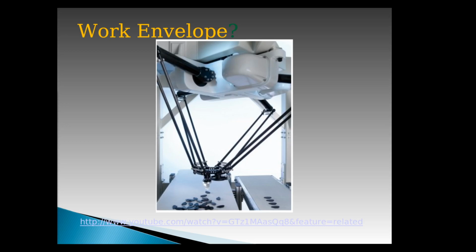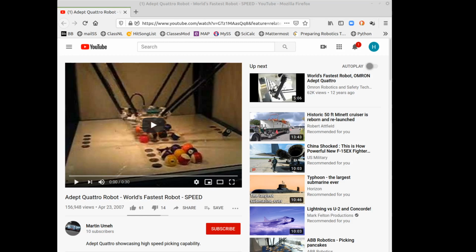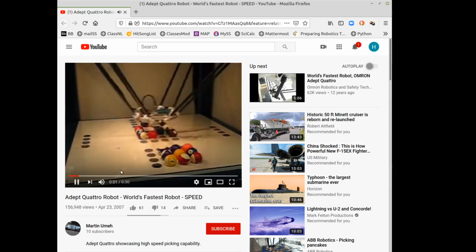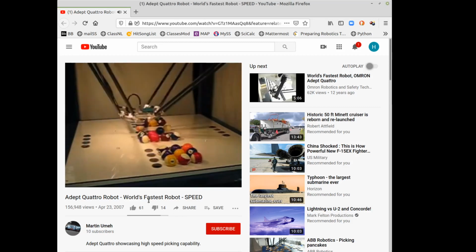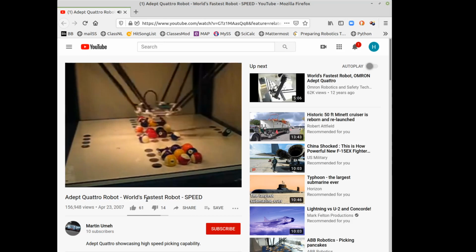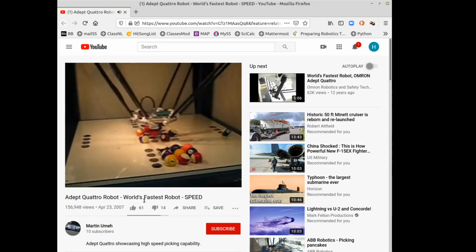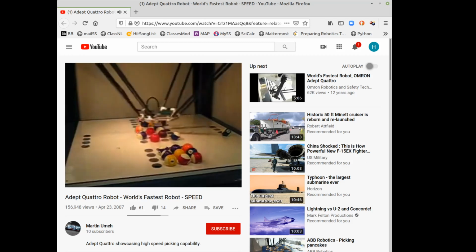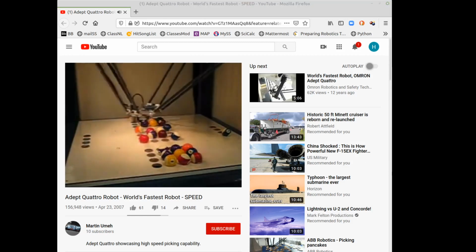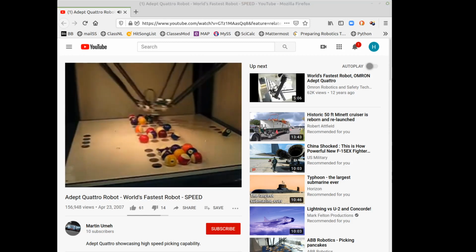Here, let's load this up. Okay, so here's a little picture of this robot moving balls around. And as you can see, it's moving quite quickly.